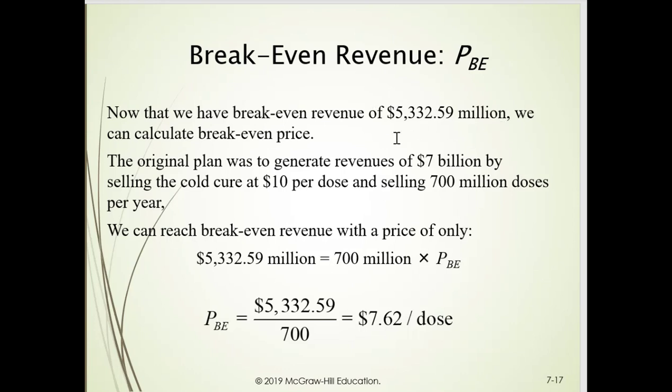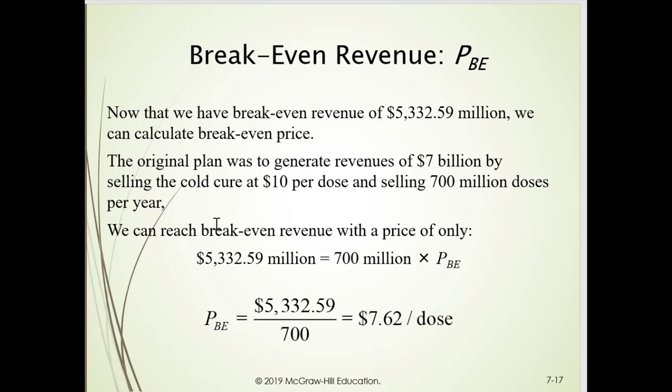So now that we have this cash break-even, or the break-even to get the cash flow to zero, the original plan of this company was to generate revenue of $7 billion by selling this cure at $10 a dose, which means they need to sell 700 million doses.